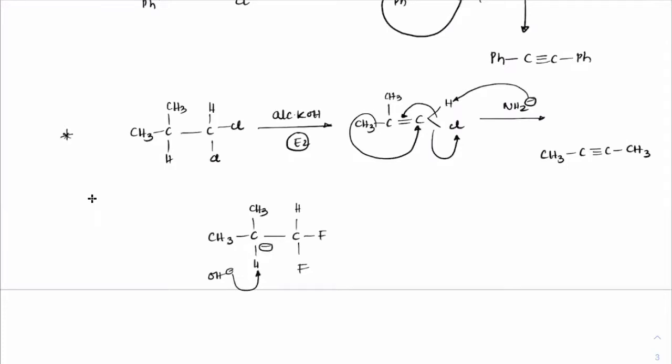Carbanion is formed, then the double bond character, carbanion character is formed here, delta minus, with fluorine leaving. Just like how we got Hofmann products, remember? So we will get that product as CH3, CH3, then double bond C and H, F here.